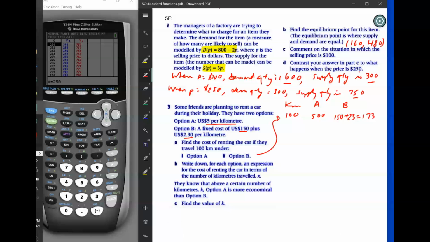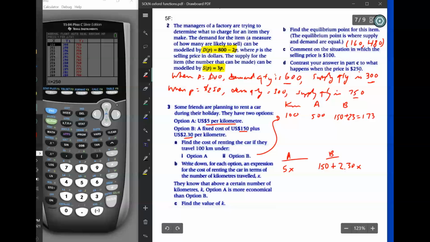Write down for each option an expression for the cost of renting the car in terms of the number of kilometers traveled, x. For A, it's $5 a kilometer, so it's 5 times x, which is the number of kilometers, right? And for option B, it's $150 plus $2.30 per kilometer.